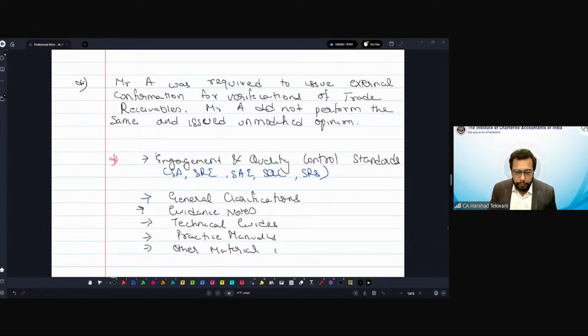Is it referred somewhere, or will all of this generally be covered? Is it specifically mentioned, or are we just assuming? No, it is not like that. If you want to refer to these details, you may refer to the Code of Ethics.